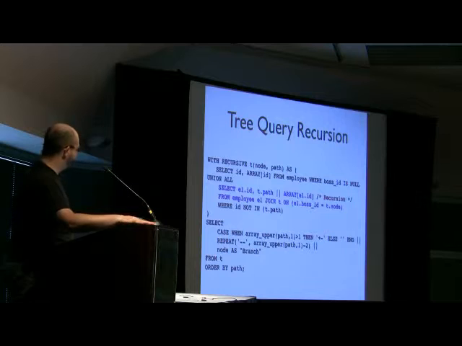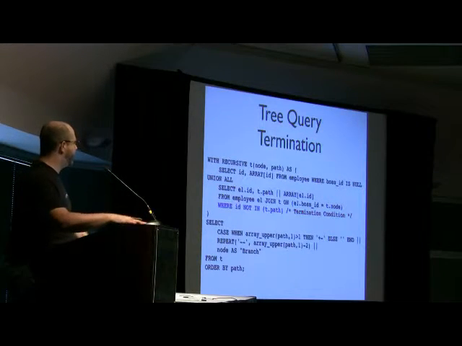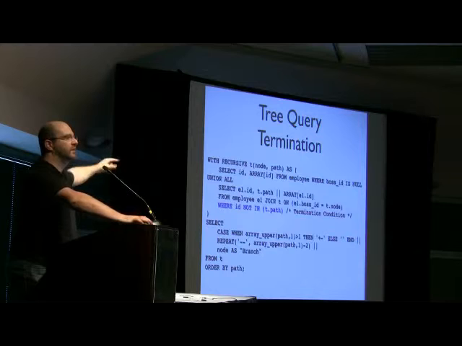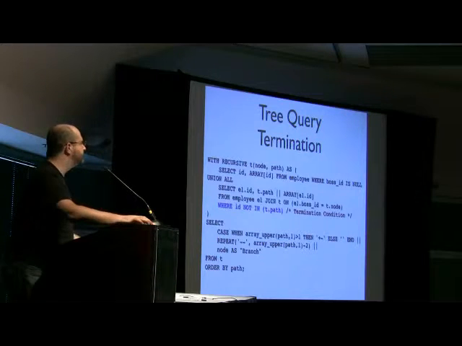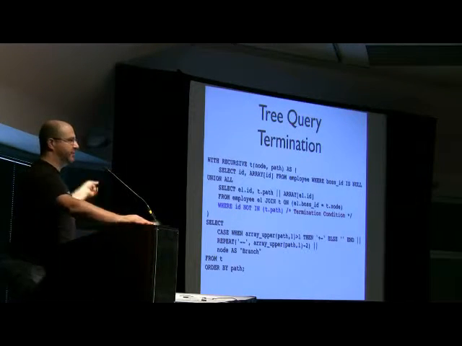Okay, and so that's our recursion step, and we want to have a termination step. Does anybody want to tell me what this last bit does? The part in blue. Yes, very good. It prevents cycles. So does everybody see how that works?